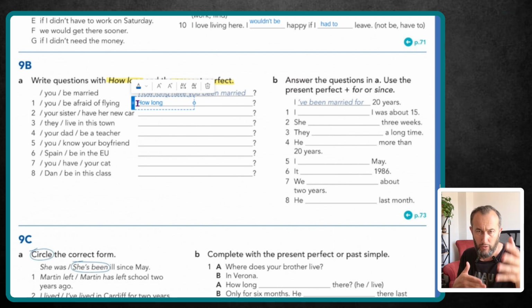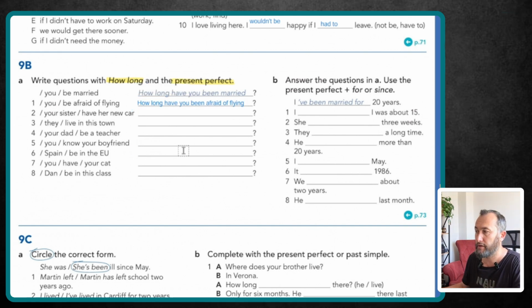Obviously, after how long. How long is the question word. So how long you? For you, I say have. Have you? Be is the verb. I must use the past participle form, which is been. How long have you been? The rest is the same. Afraid of flying. You see? How long have you been afraid of flying?